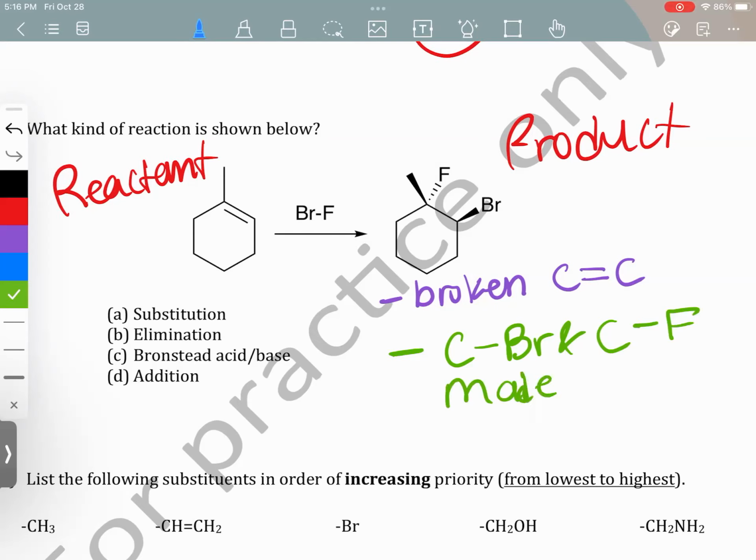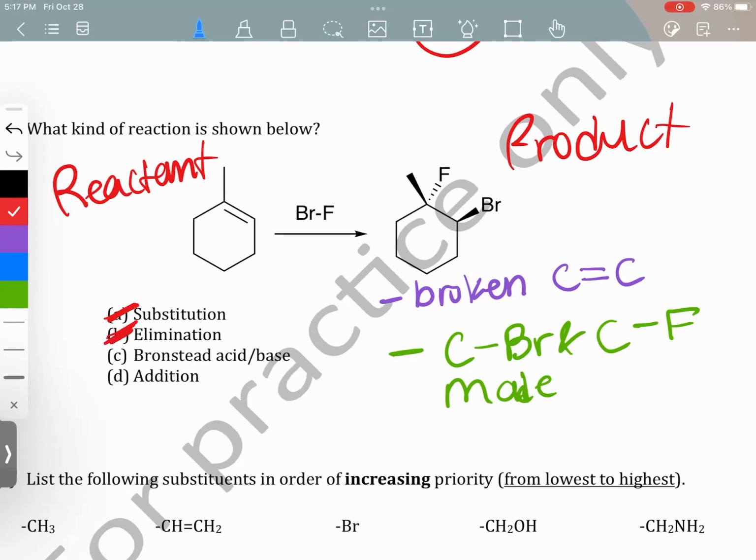So this type of reaction, do you think it is substitution? No, we're not substituting anything in this reaction. So it cannot be substitution. What about elimination? No, definitely not elimination. We didn't eliminate an atom from this molecule in this reaction at all. So it can't be elimination.